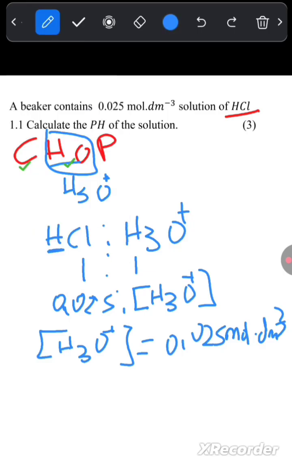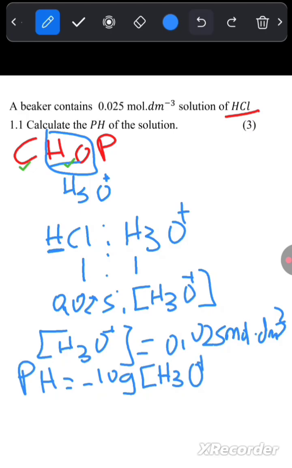So the pH formula says pH is equal to negative log concentration of hydronium ions. And negative log, I now substitute.